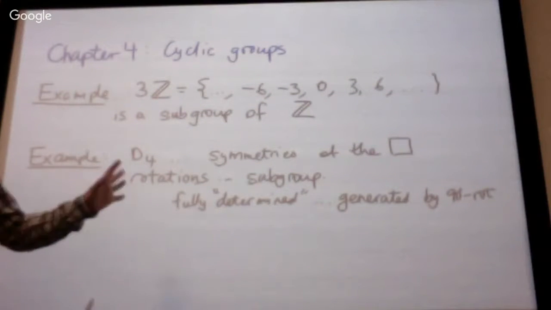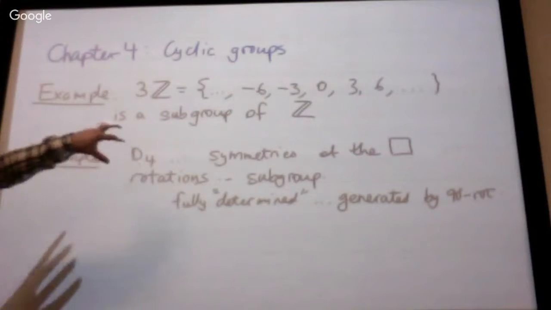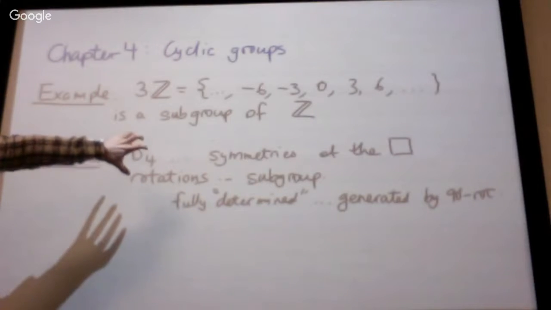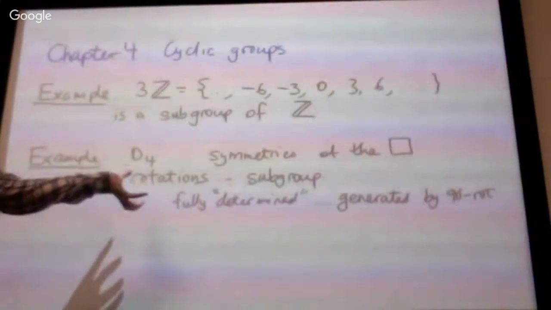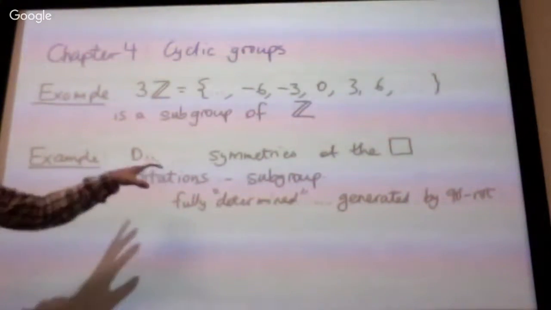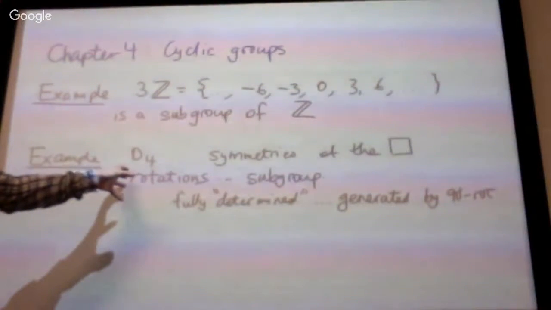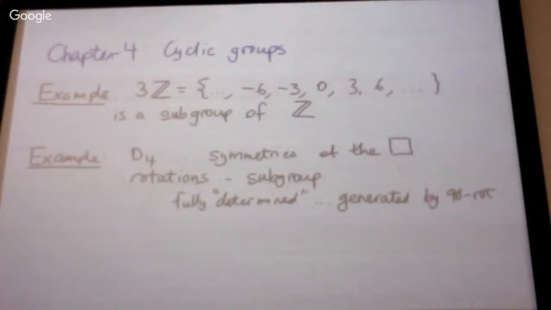Or the 270-degree rotation. Not 180, because if you take the 180, it just rotates it fully and back, but you don't get the 90 from the 180. So this is called generated.